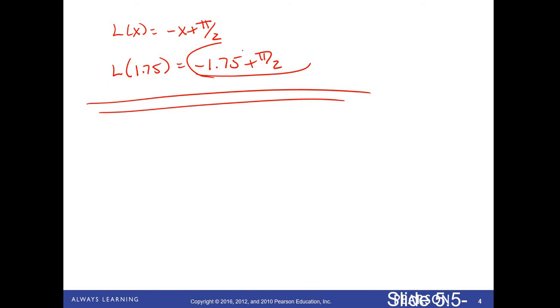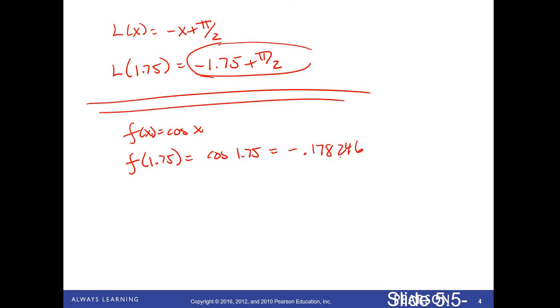My reason for doing this was to find an approximate value for the function where f of x equals cos of x. So if I did f of 1.75, which is the cos of 1.75, and check that in a calculator, I would get negative 0.178246. This value is very, very close to that.